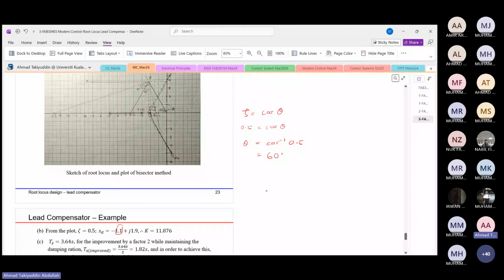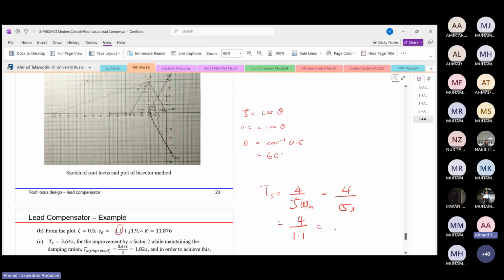So the Ts is determined since it does not mention whether it's going to be 2% criteria or 5% criteria. The default for the settling time will be the 2% criteria, where it comes from 4 over zeta omega n, or 4 over sigma d. Your sigma d is minus 1.1, so it will be equal to 4 over 1.1.